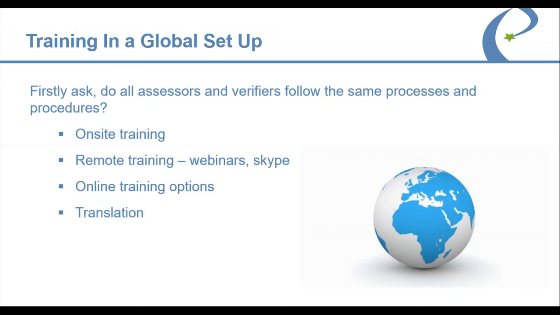So from our own experience, deciding on the correct method for training is vital. So for example, the online version may be the most cost-effective method of training. However, completion rates can be low, and when it's investigated, it turns out that candidates, for example, have poor download speeds.